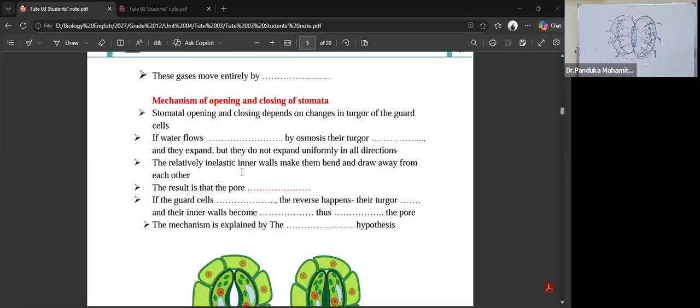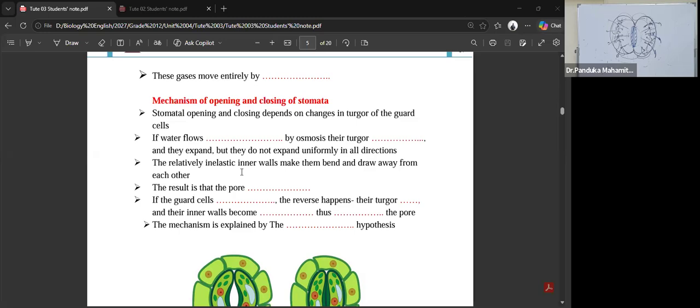So if water flows into the cells by osmosis, what happens to the turgor?